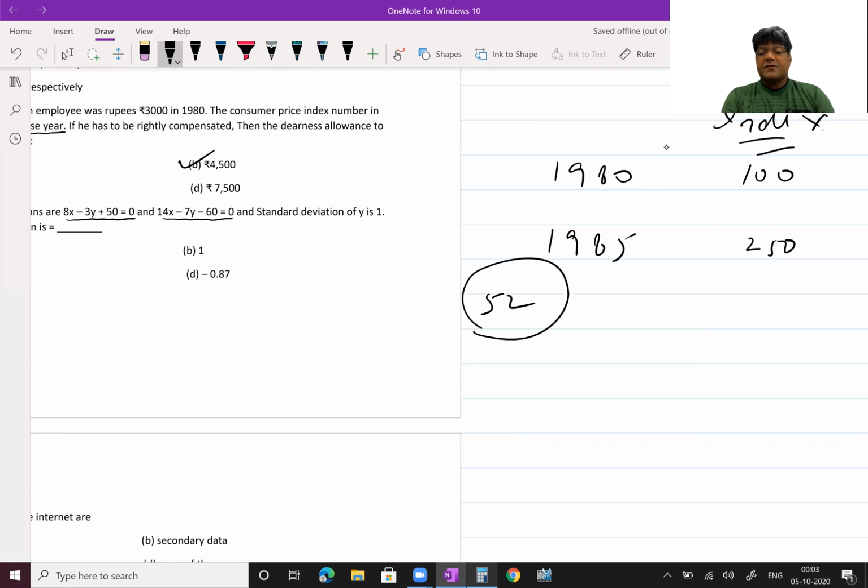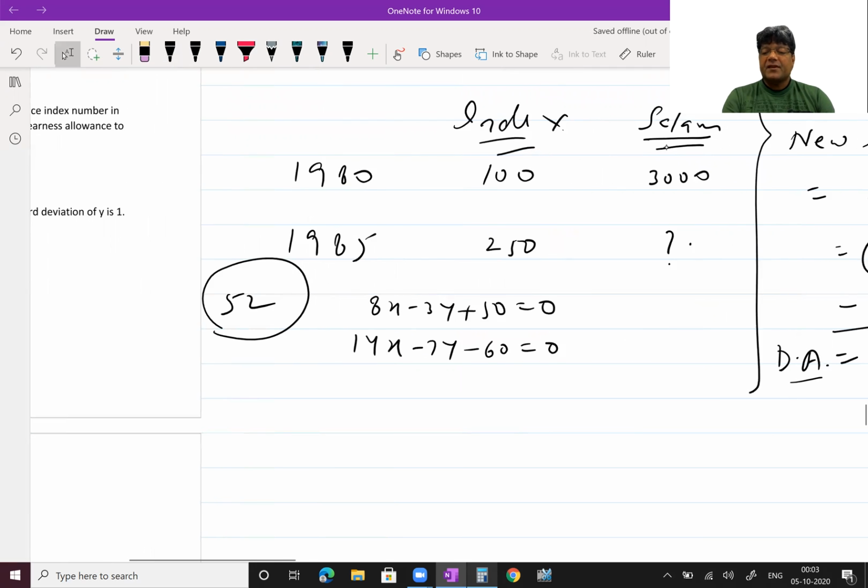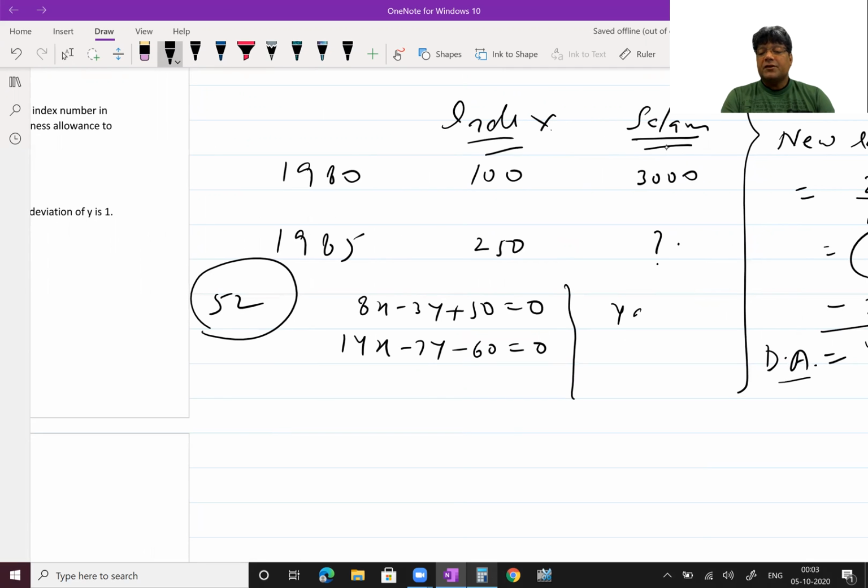Look. 8x minus 3y plus 50 is equal to 0, that is the first, and 14x minus 7y minus 60 is equal to 0 is the second. I will suppose the first is y on x. Automatically the other will be x on y.